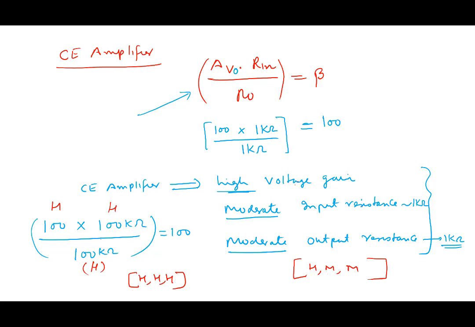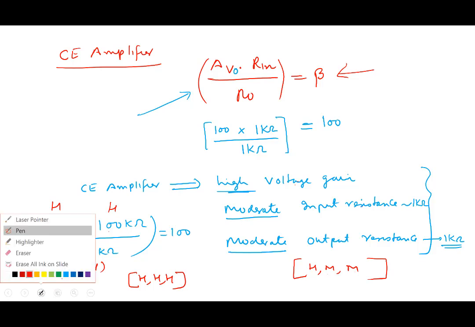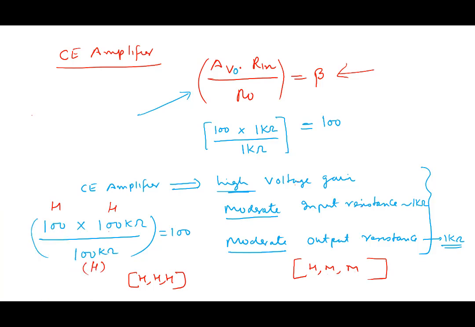I could design with 100K. It does not violate this equation. I could design an amplifier like this, HHH. It's also possible. I could also think of a design of this kind: gain of 100, input resistance of 100 ohms, and output resistance of also 100 ohms.